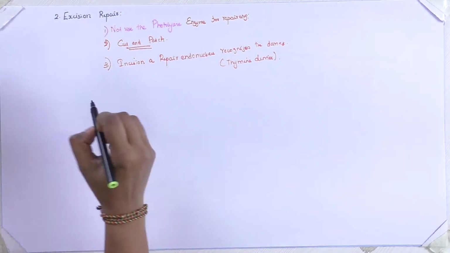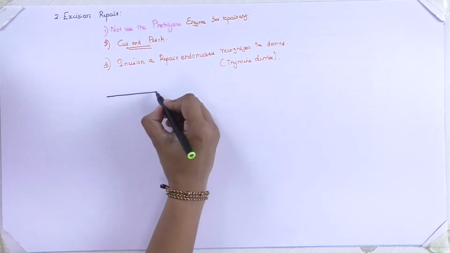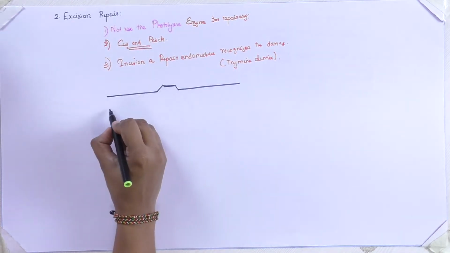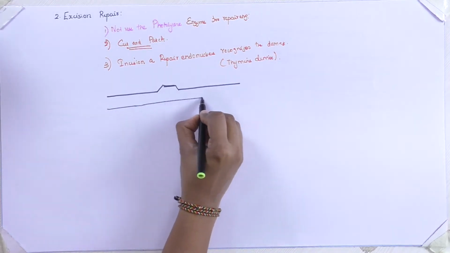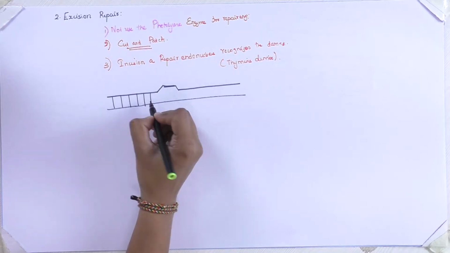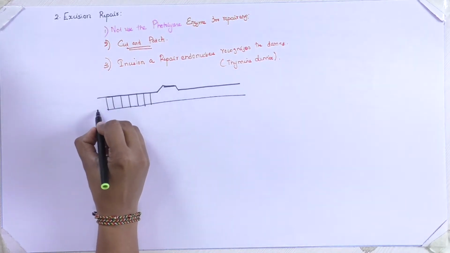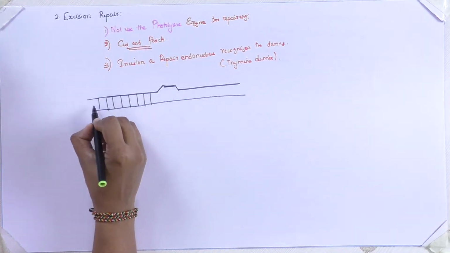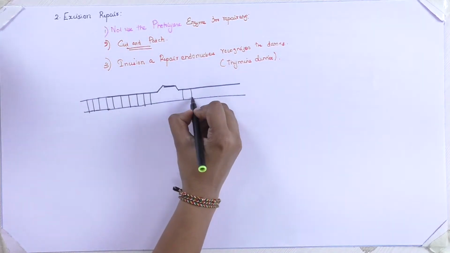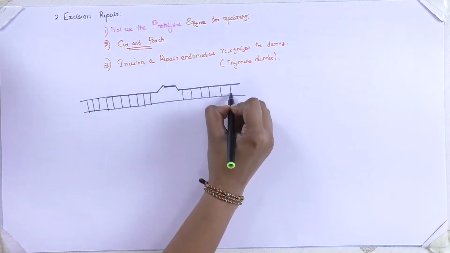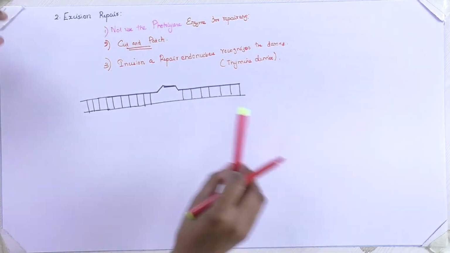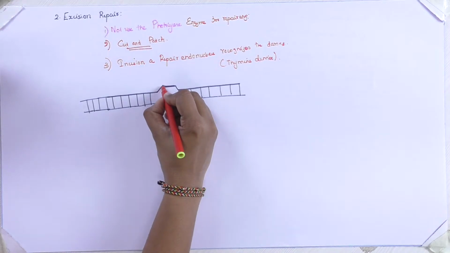So first you have a long stretch of the DNA, and here, 1, 2, 3, 4, 5, 6, 7 and 8, 9, 10. 1, 2, 3, 4, 5, 6, 7. So the first one is, you have a dimer formation here.